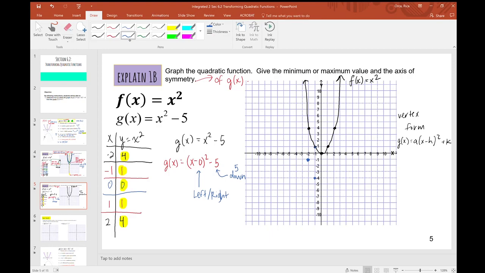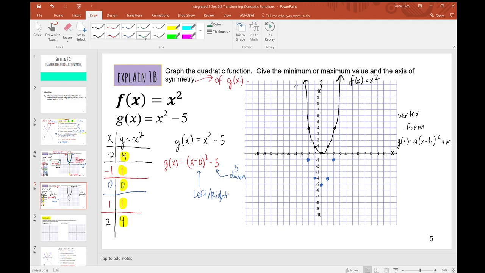Take the vertex 0, 0 and move that 5 units down. 1, 2, 3, 4, 5. Take 1, 1 and move that 5 units down. 1, 2, 3, 4, 5. Take the last point and move that 5 units down. Remember, the points should be symmetrical.